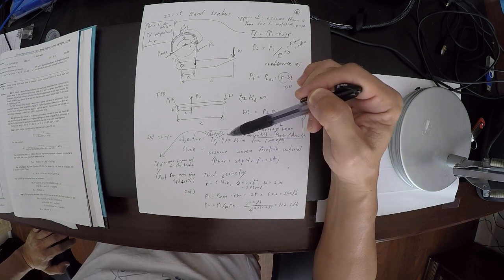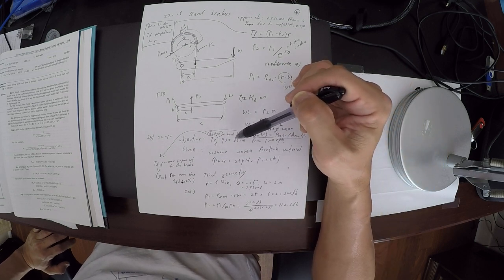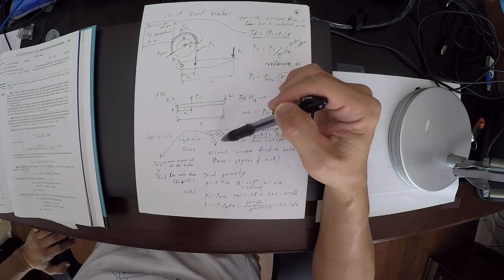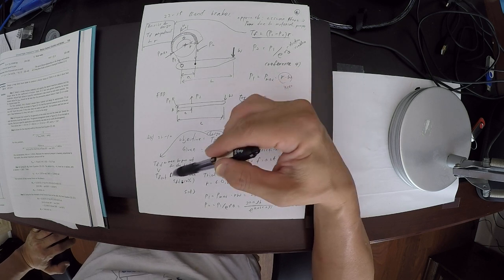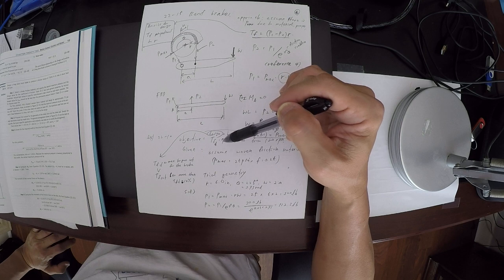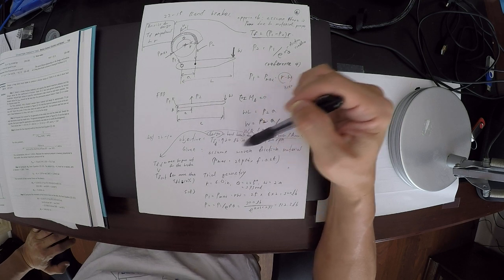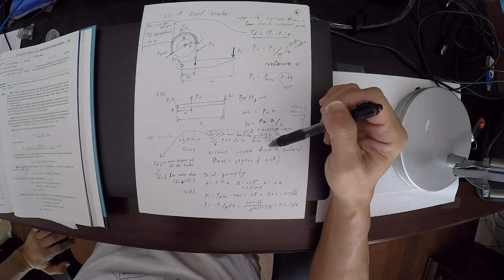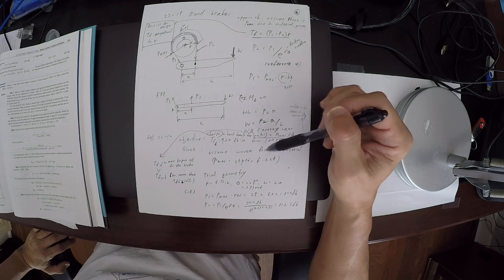So when it comes to the band brake design, usually we need to focus on the torque to make sure that the actual torque is not going to exceed more than 10% of the design torque T given in the problem. And then the RPM is given also.